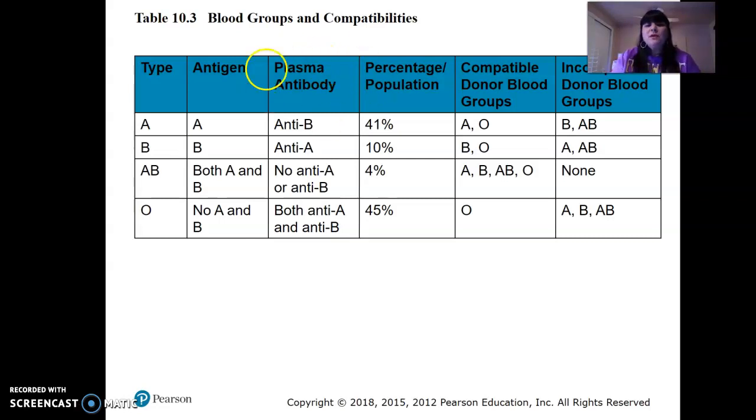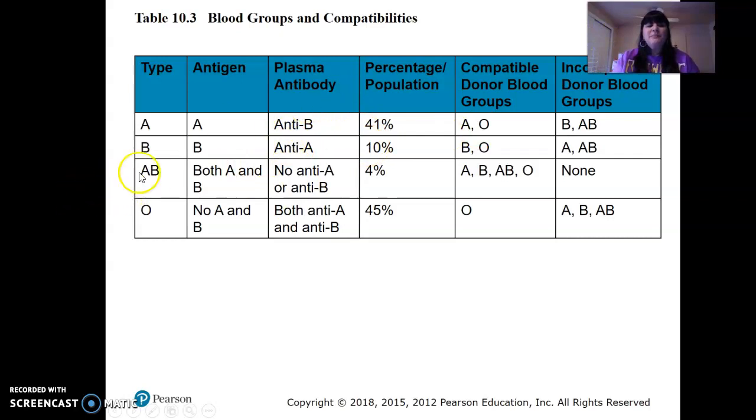So 41% of the population has blood type A. They can get blood from people who have blood type A. They can also get blood from people who have blood type O, because a person with blood type O has neither of those proteins, so they can be considered a universal donor.